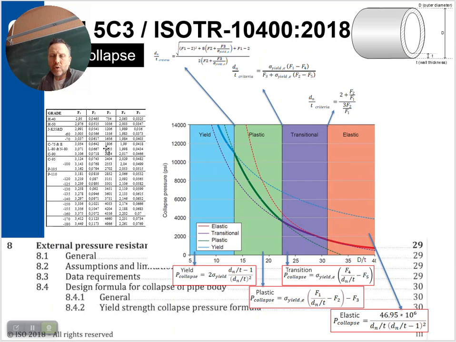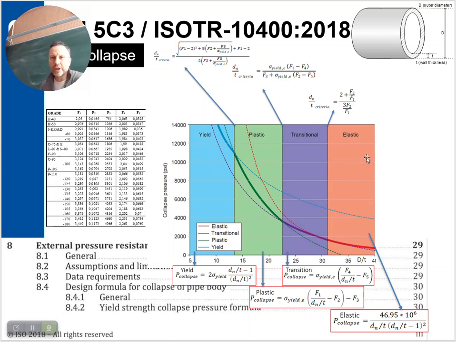In this table, all the constants are derived because their only variable is the yield. And H40 has a yield of 40,000, so you plug it in and you get these specific constants. And these constants go into the calculation of the borders between the different collapse modes, right?